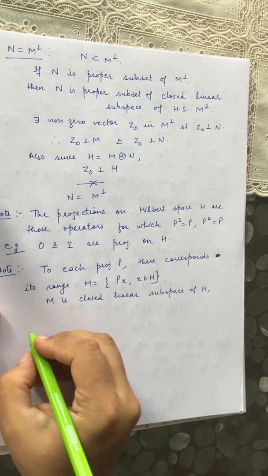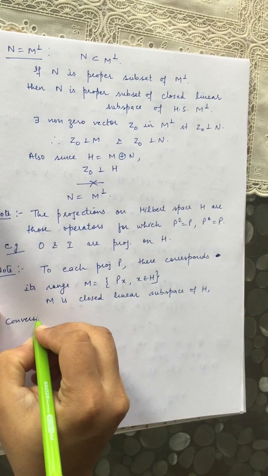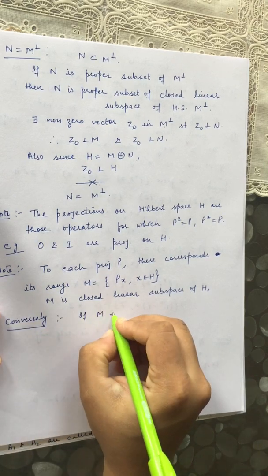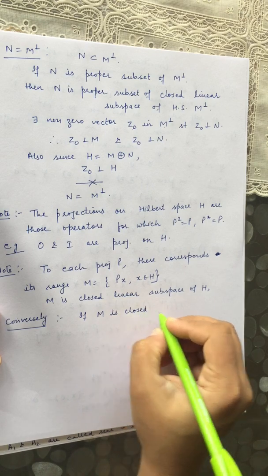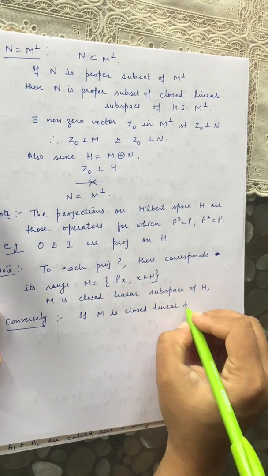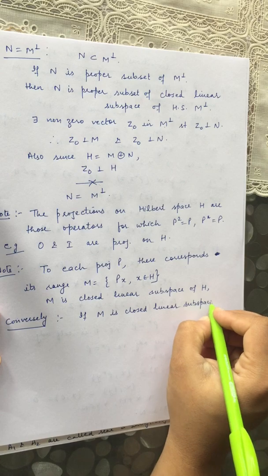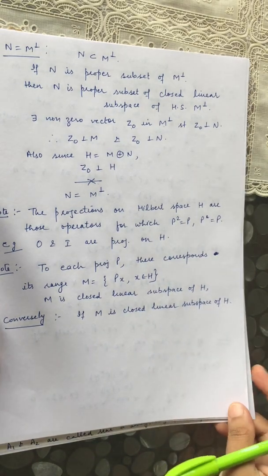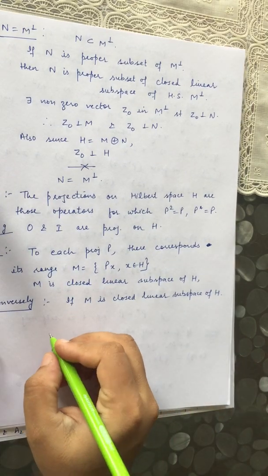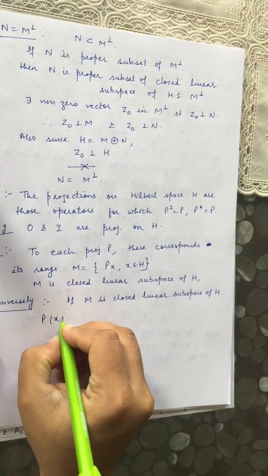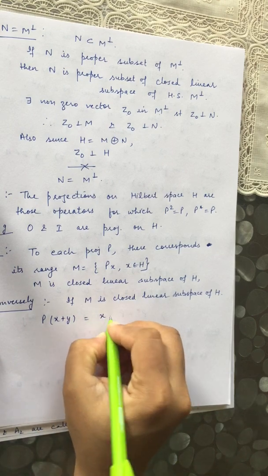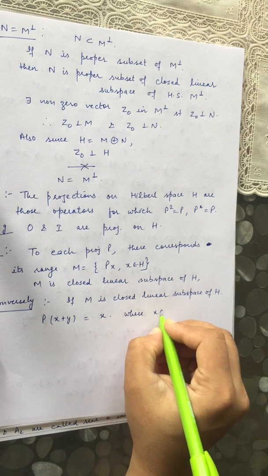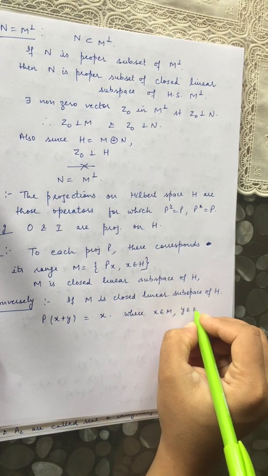And conversely, if M is a closed linear subspace of H, then it corresponds the projection P whose range space is M and which is defined by P of x plus y is x, where x belongs to M and y belongs to M perp.